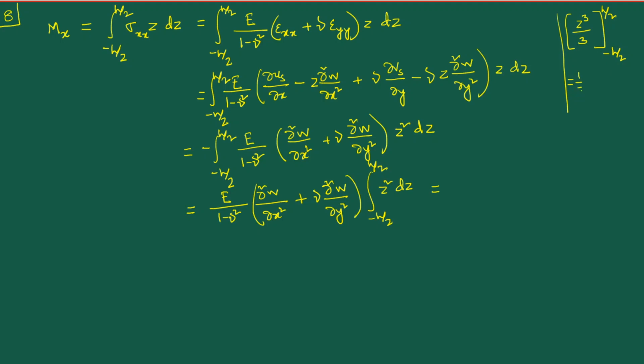So this is 1 by 3 times z cube, so this is h cube by 8 times 2. So that is eventually h cube by 12. So what I have here is E h cube by 12, 1 minus nu squared, and then whatever was present inside the bracket.